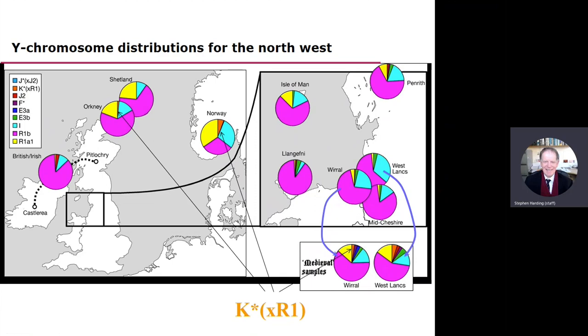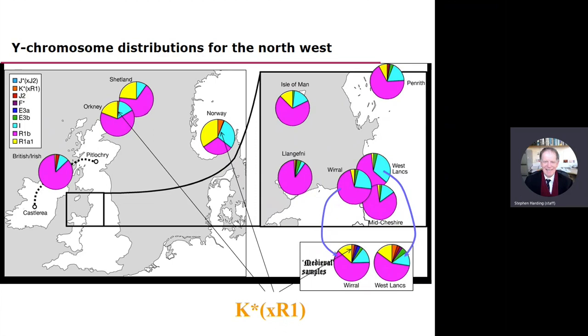Different data sets, different surnames, different sets of people, but almost identical in terms of their profiles. This is good because the two sets of data reinforce each other, and it also shows that the River Mersey hasn't been that sort of barrier over the years, and also ties in with all the place name evidence as well. So that's not too surprising, I suppose.